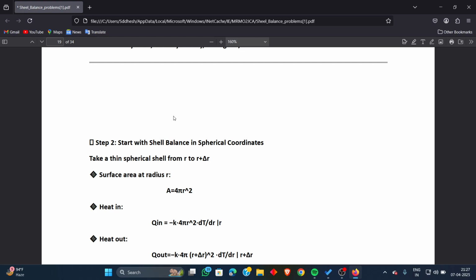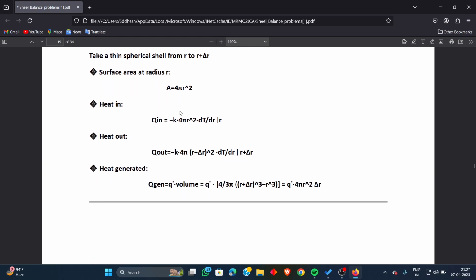Heat in, Q in, is equal to minus K 4 pi R square into dT by dr at R. Q out is equal to minus K into area into dT by dr at R plus delta R. Q out is equal to minus K 4 pi (R plus delta R) square into dT by dr at R plus delta R.